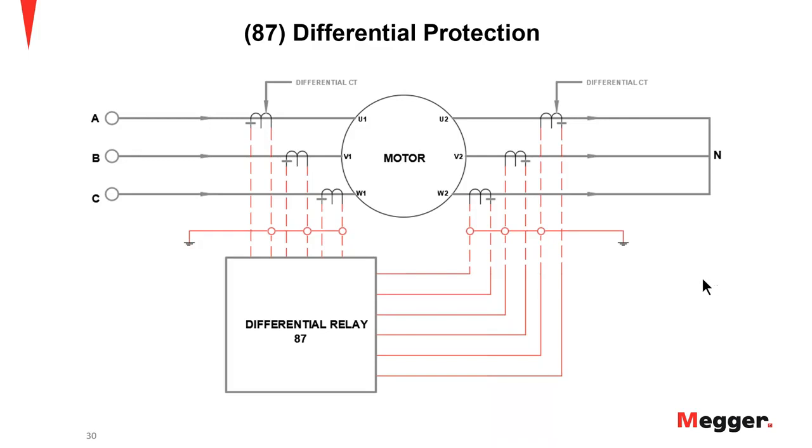So the question is whether the practice is to ground the CT outputs on both ends, or not to ground only at the relay in the substation. This can actually be grounded at a terminal block or some type of marshalling cabinet, which is where these dotted lines in this diagram connect to the relay. So this is going to pass through some sort of terminal block and then probably go into the house, into the substation.